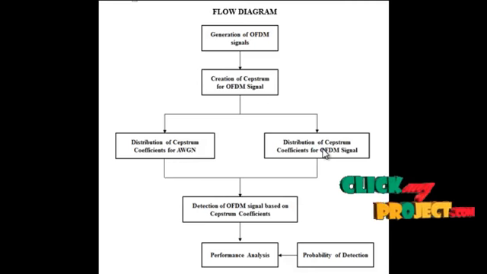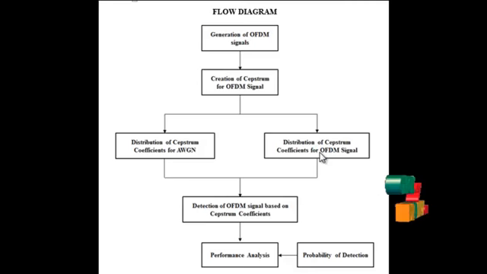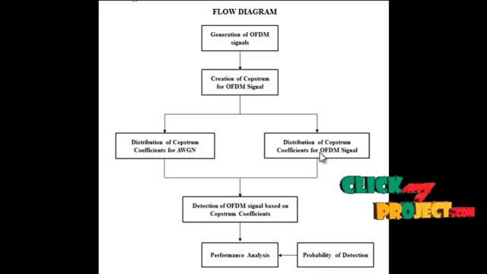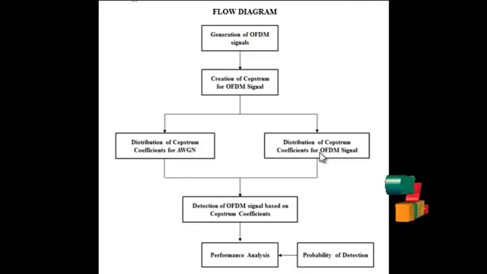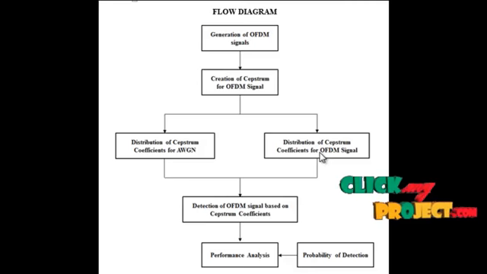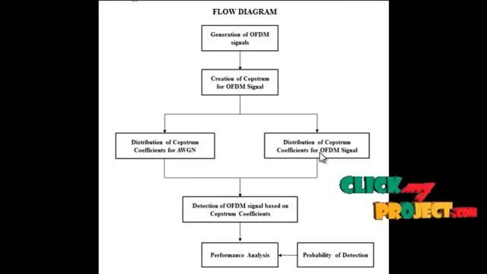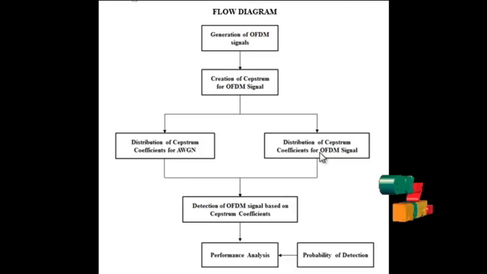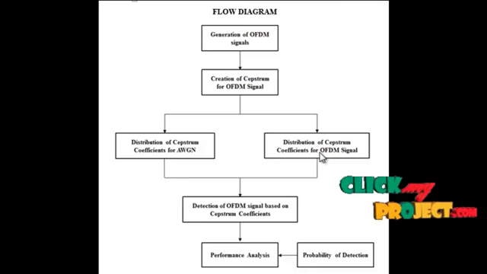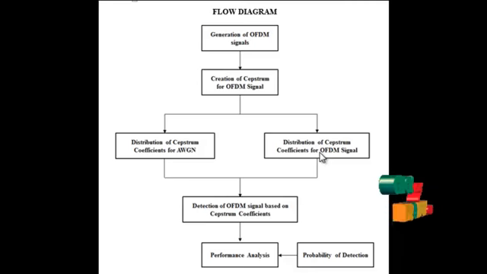Next, in the distribution of the Cepstral coefficient for the OFDM signal, we take the OFDM signal and derive its PDF, that is, the probability density function. After taking the mean and variance of Z of k, we perform the IDFT operation on Z of k. Finally, we obtain the Cepstral coefficient.